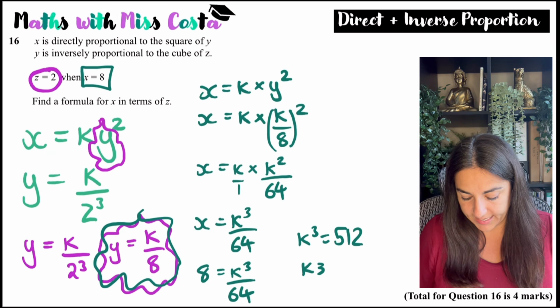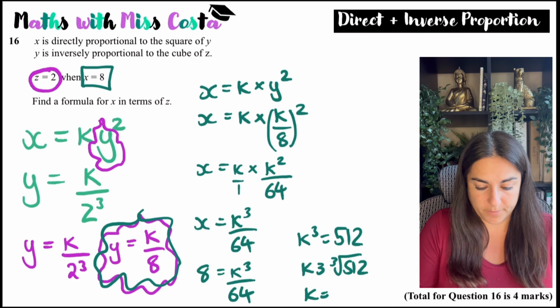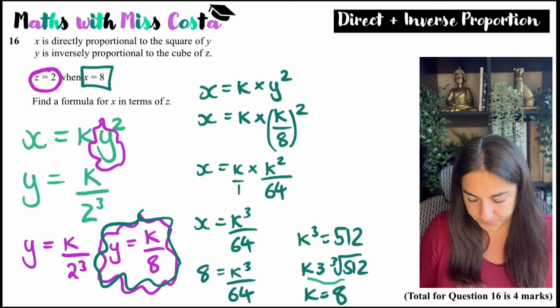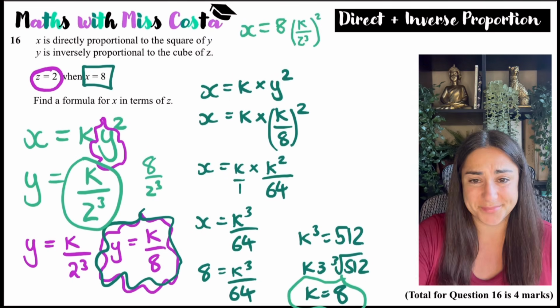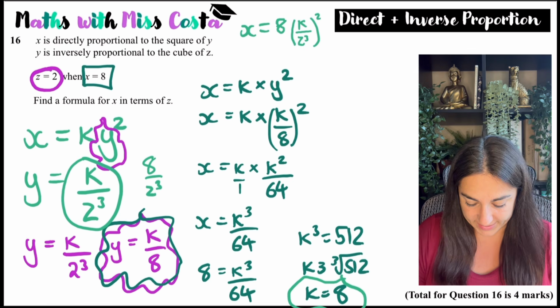So to work out what k is, I'm going to need to do the cubed root of 512. No, that's the 30th root, which is not what I want. Oh my goodness. Okay, the cubed root of 512 is 8. So k is 8. Okay, so having not enough space is not helpful, but we've got to the part where k equals 8.